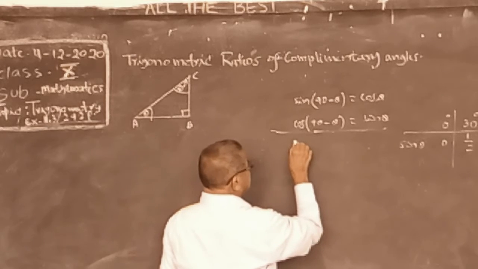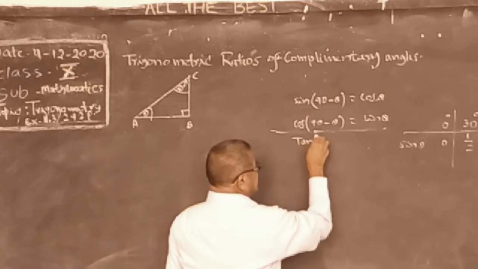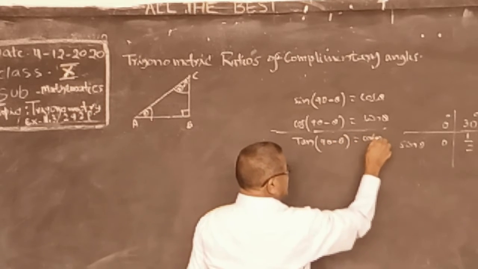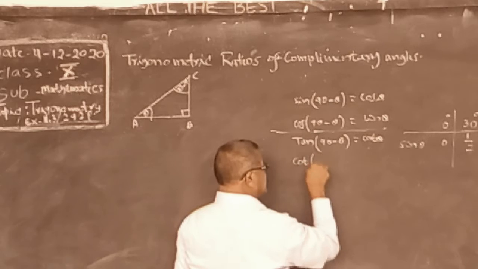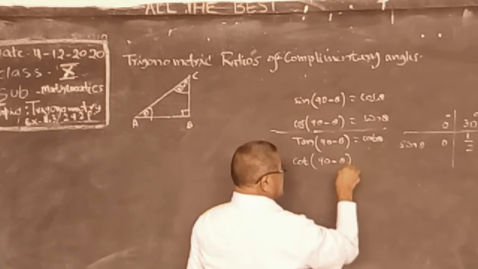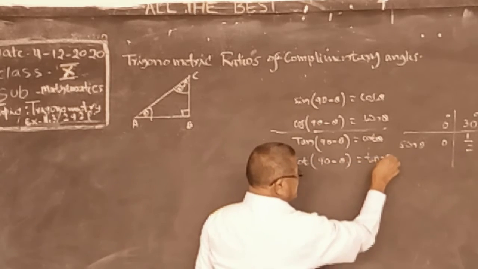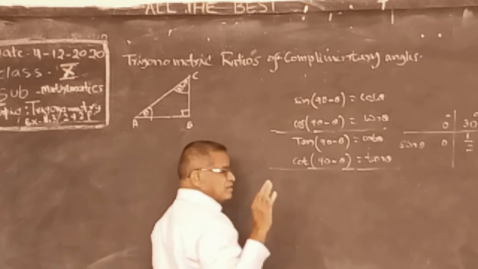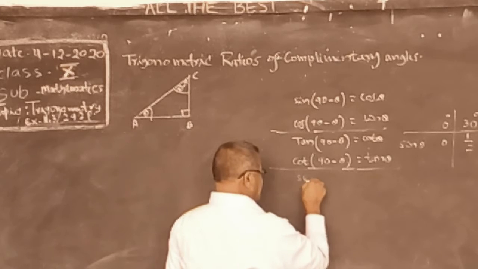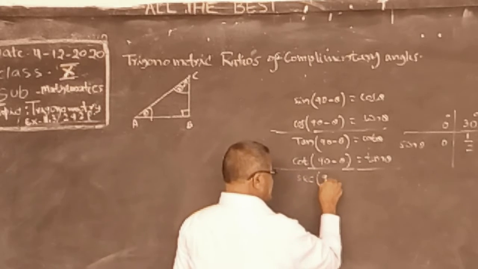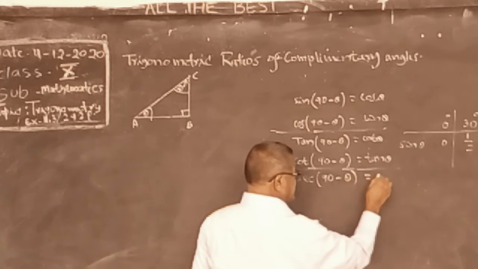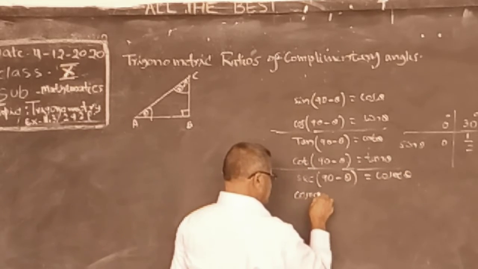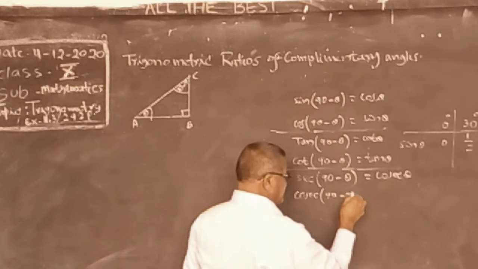Similarly, tan 90 minus theta is cot theta, and cot 90 minus theta is tan theta. And the third ratio, secant and cosecant: sec 90 minus theta is cosec theta, and cosec 90 minus theta is sec theta.